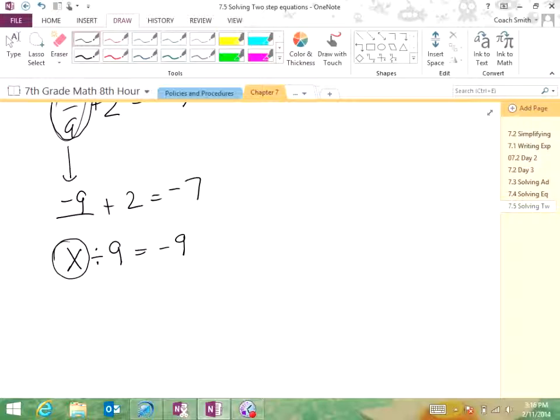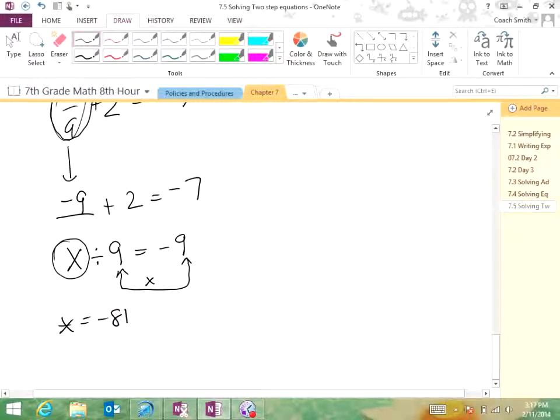Huh? No. If I divide 9 into 18, I only get 2. So what number, and what you're doing is this. These 2 things right here, you're multiplying together. Right. And so x is equal to negative 81. And that's all you're doing.